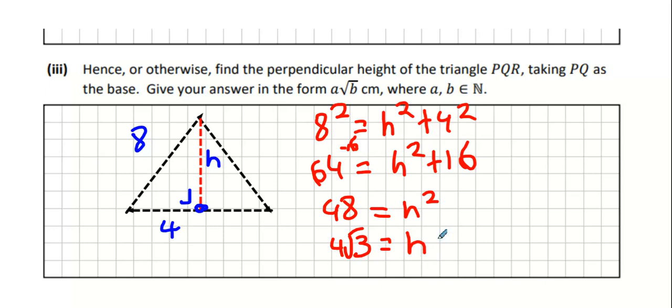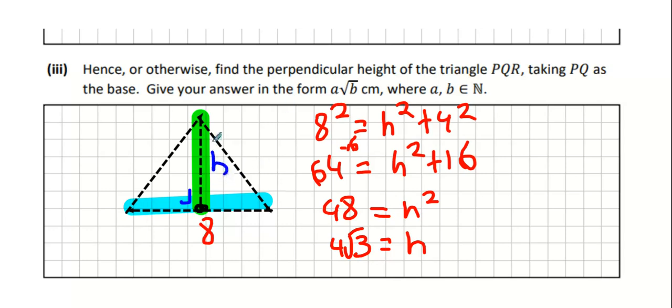I'm going to show you a secondary method now. What's the answer of part 2 again for the full triangle? 16 root 3, was it? Okay, so look at this. That's your height. That's your base, isn't it? Would you agree with that?